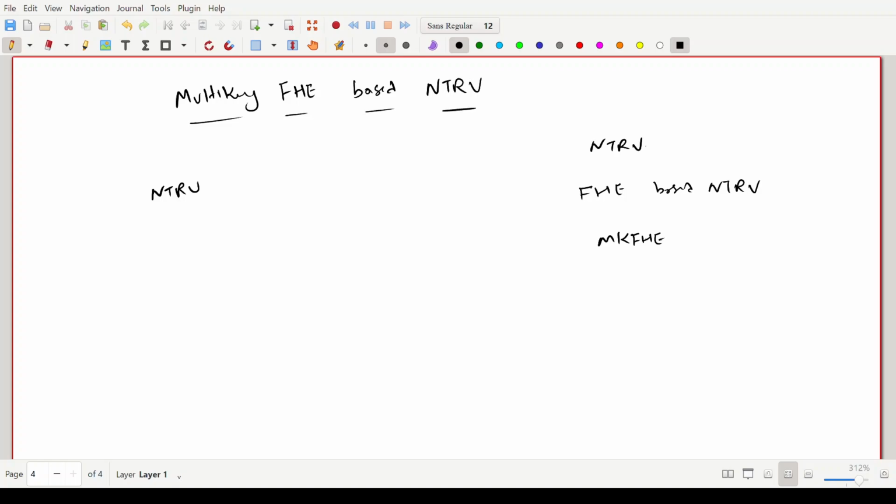In 1998, it was introduced by Hoffstein, Pipher, and Silverman. They introduced NTRU, the first ring-based public key crypto system.